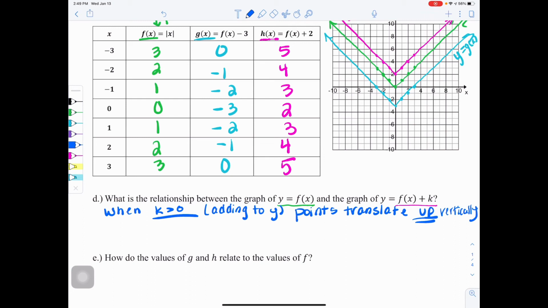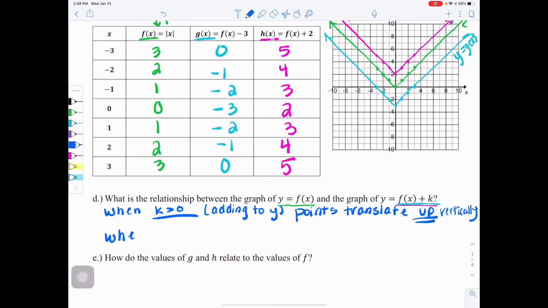Now, if we were adding k and we were to make this a number that's less than 0, then that would mean it's taking us to the teal. So that would be looking at the green to the teal and seeing that that actually translated the function down.